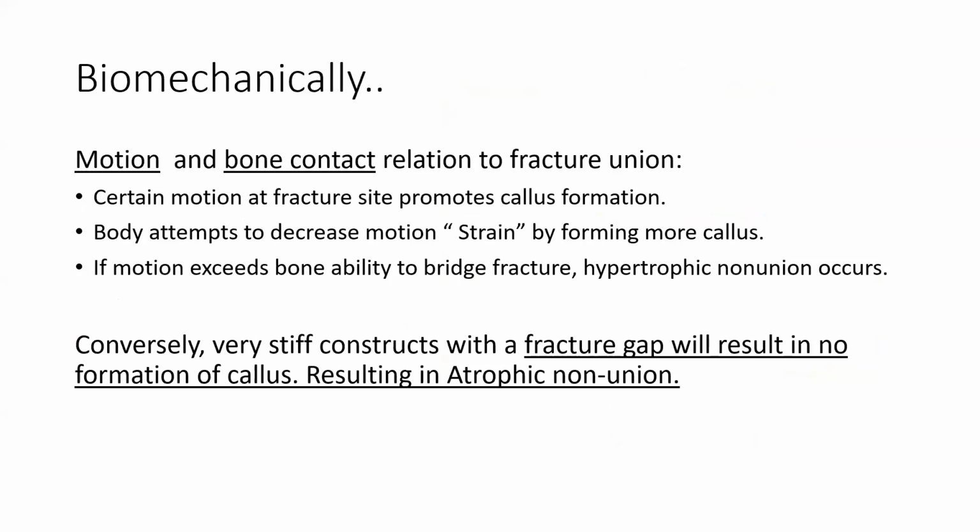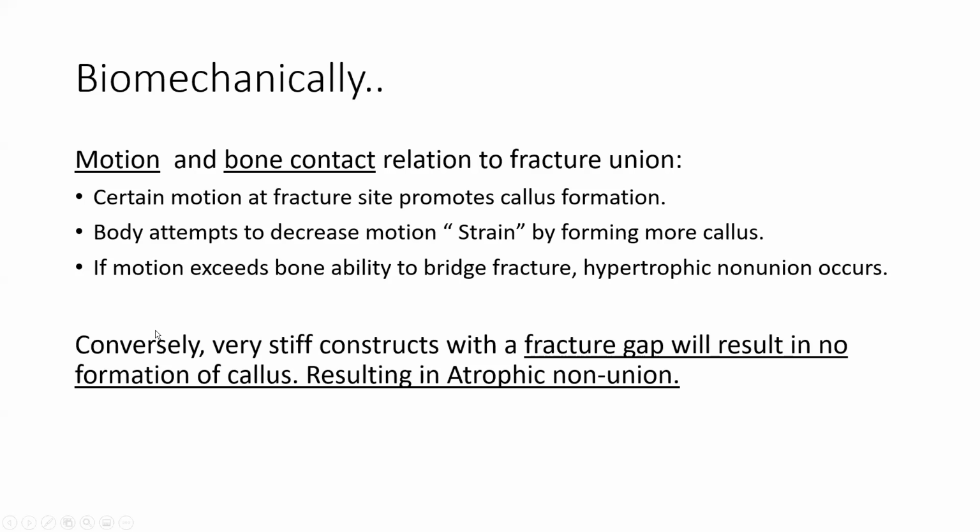So biomechanically, as I mentioned, motion and bone contact relate to fracture union. Certain motion promotes callus formation. The body attempts to decrease motion or strain by forming more callus. If motion exceeds the bone's ability to bridge the fracture, which is, what's the percentage? 10%. If there's motion of more than 10%, hypertrophic non-union occurs.